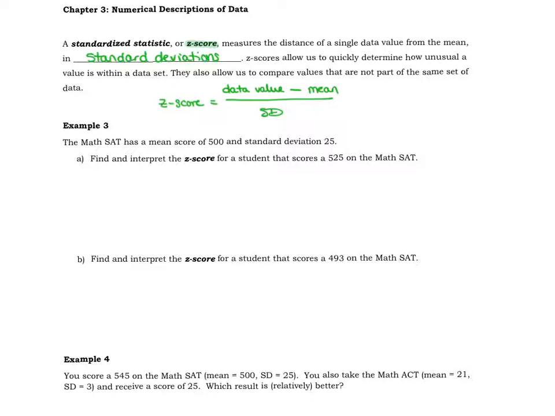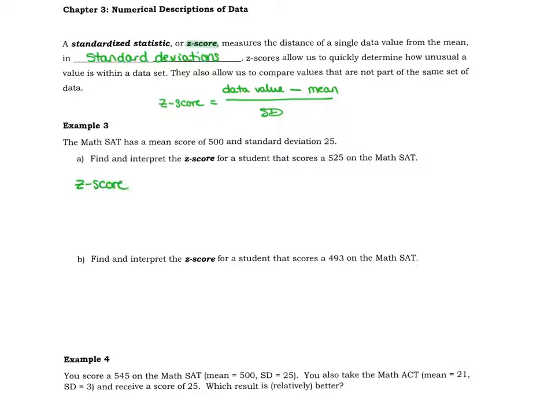So let's do a couple here. The math SAT has a mean score of 500 and a standard deviation of 25. Find and interpret the z-score for a student who scores a 525 on the math SAT. Now, there should be some common sense hopefully happening behind this one.